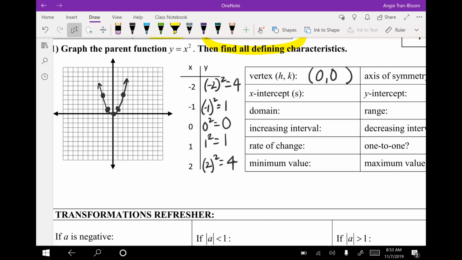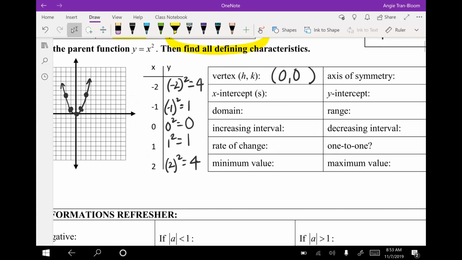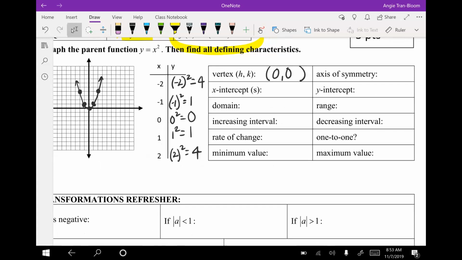So when you fold it, what's happening to the left and right? They reflect each other. They should be exactly the same. They should be symmetric. So what's the line for this particular axis of symmetry? X equals 0. Remember, axis of symmetry is a line, so you have to give me x equals 0. Okay, it's not a dot, it's not a point.